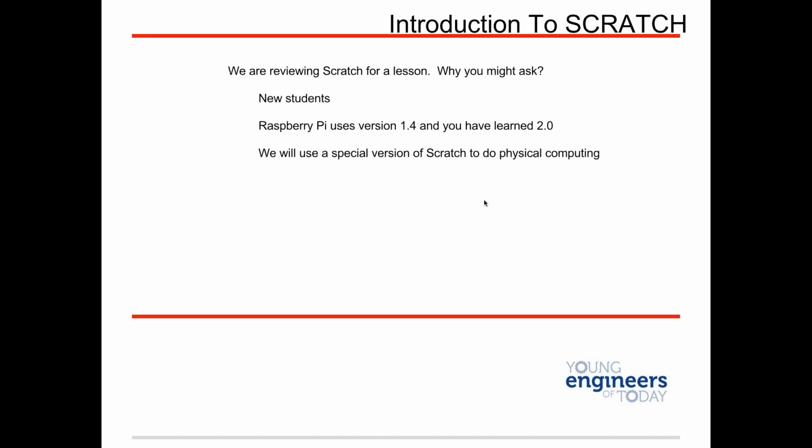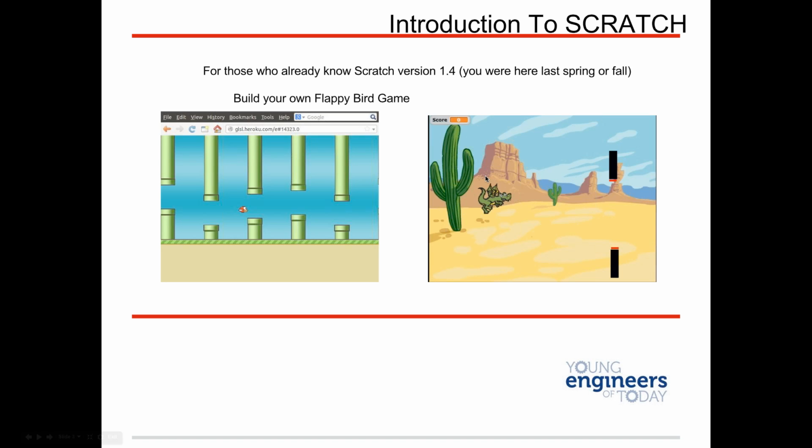So we want to just review Scratch, do the basics, and get people acclimated with it who are not acclimated with it. All right, for those who already know Scratch version 1.4, please raise your hand if you know Scratch 1.4 from last spring or last fall or from your past. Please raise your hand.